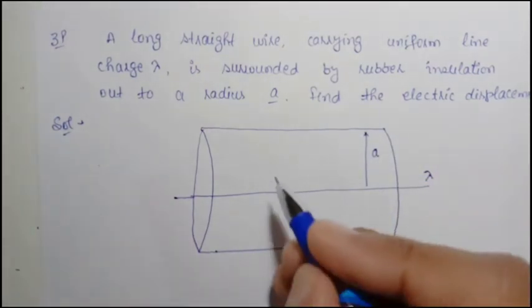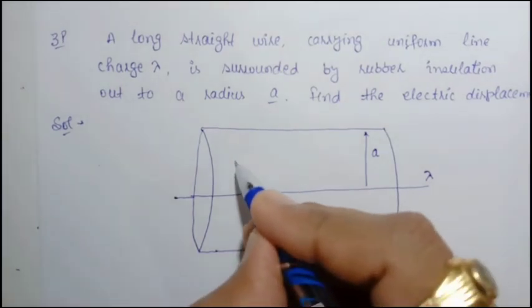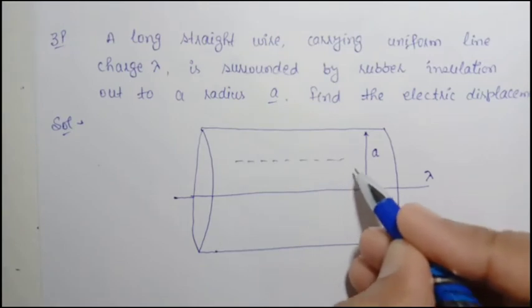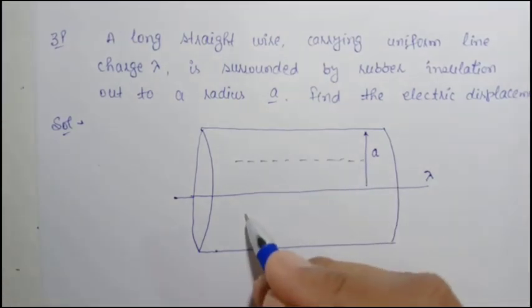To solve this, first of all we will draw a cylindrical Gaussian shape.